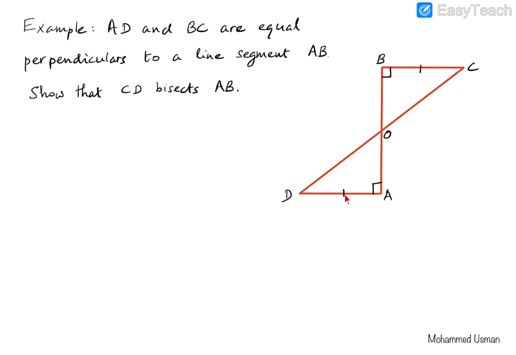So AD and BC are of the same length, so we have marked it with a black dash here, that shows that they are equal length. And because we are given that they are perpendicular to the line segment AB, the angle of BC and AD with AB is 90 degrees.